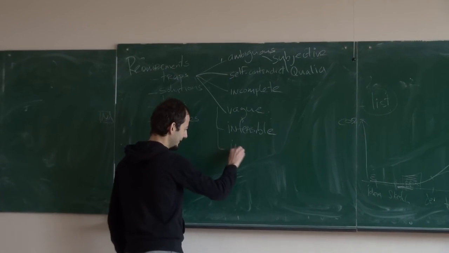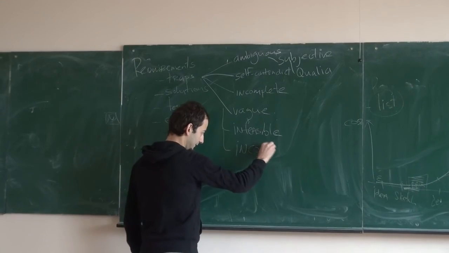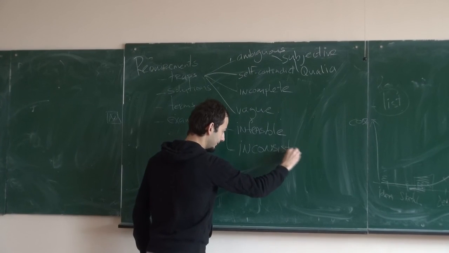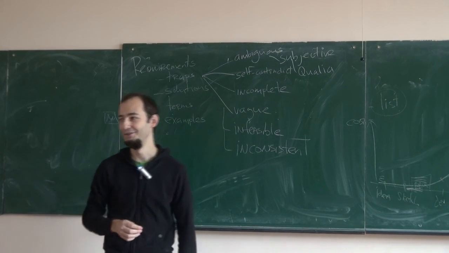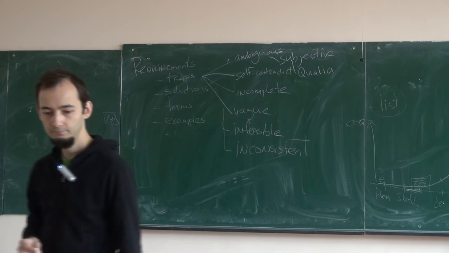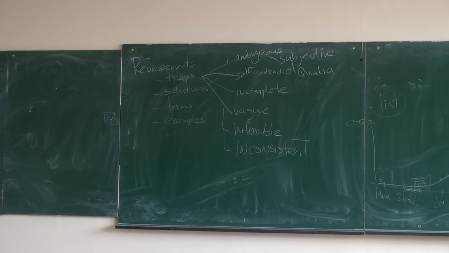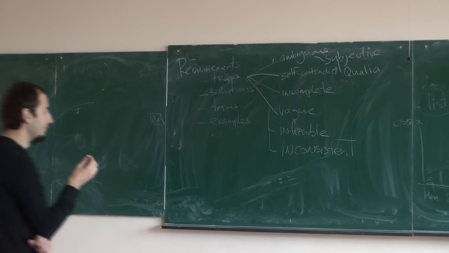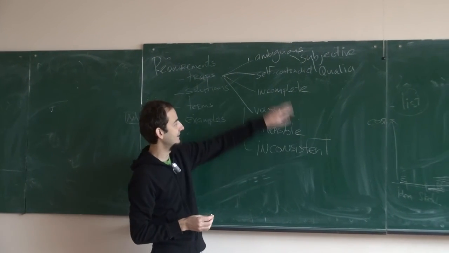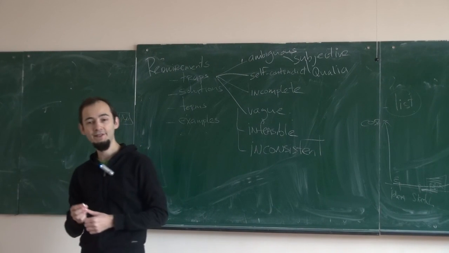Another thing is to have inconsistent requirements. But isn't incomplete and inconsistent pretty similar? No, you might even say that inconsistent and self-contradictory could be the same, but it's not.